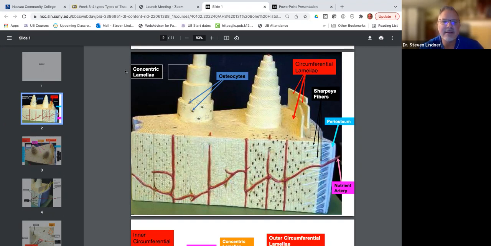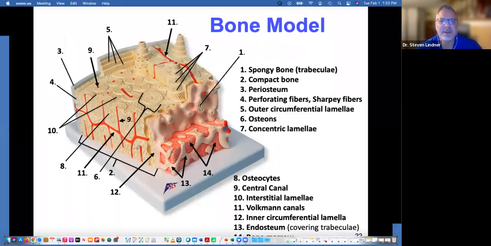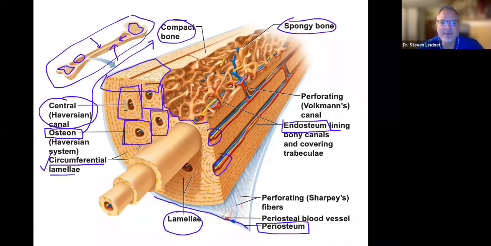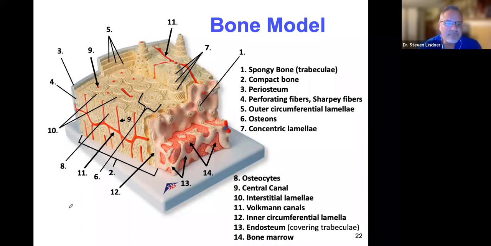Now, let me go back into the PowerPoint for a second, just so I can draw something for you here. Let's say this cell right here is an osteoblast, OB, osteoblast, okay? Now, the osteoblast makes matrix.